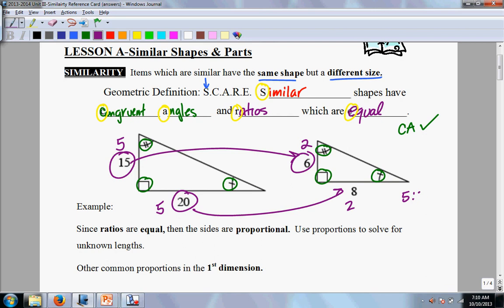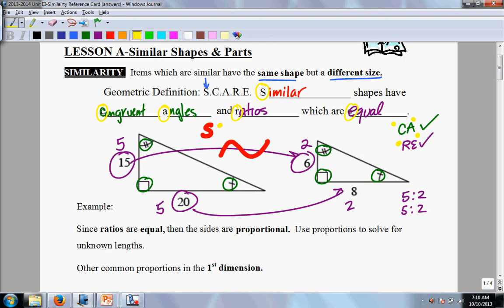So we have 5-to-2 ratios. And that means the ratios are equal. That's the RE. Because of that, these two are similar. That's the symbol for similarity. And there's your S, similar. S-C-A-R-E, similarity.